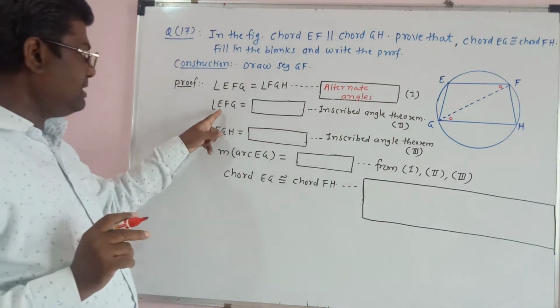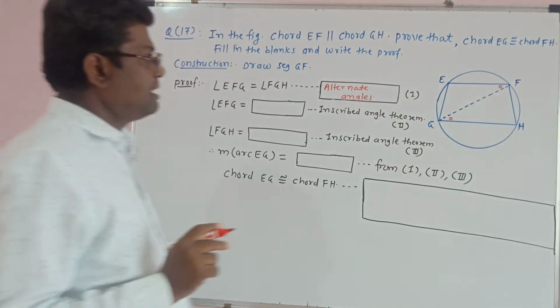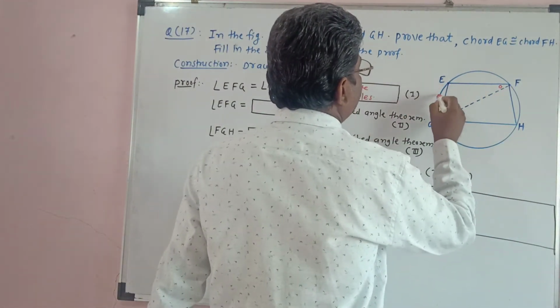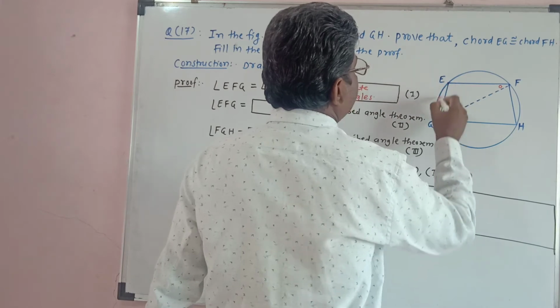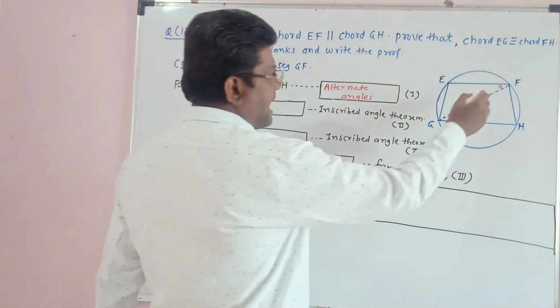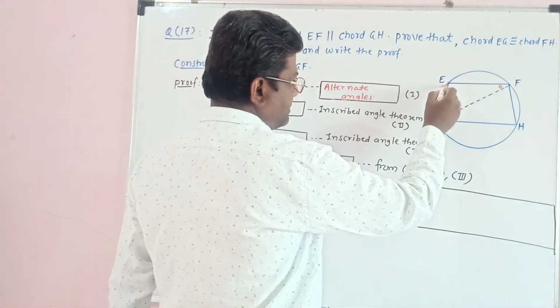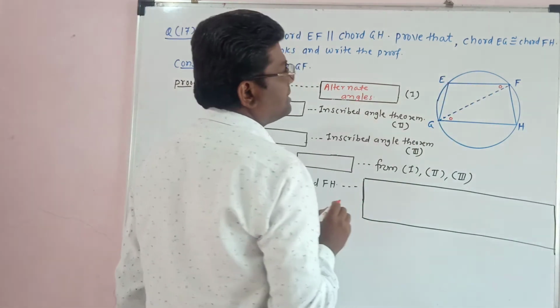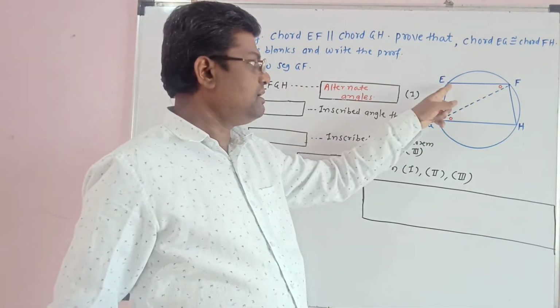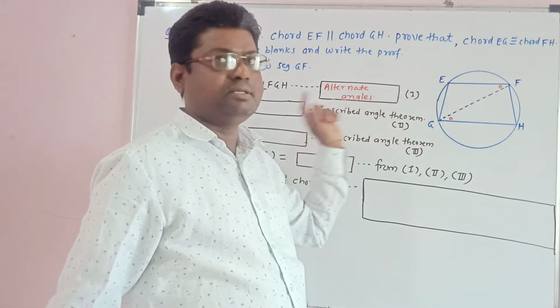Now angle EFG is equal to half into measure of arc EG. This angle intercepts the arc EG. Therefore, the measure of this angle is half of arc EG.